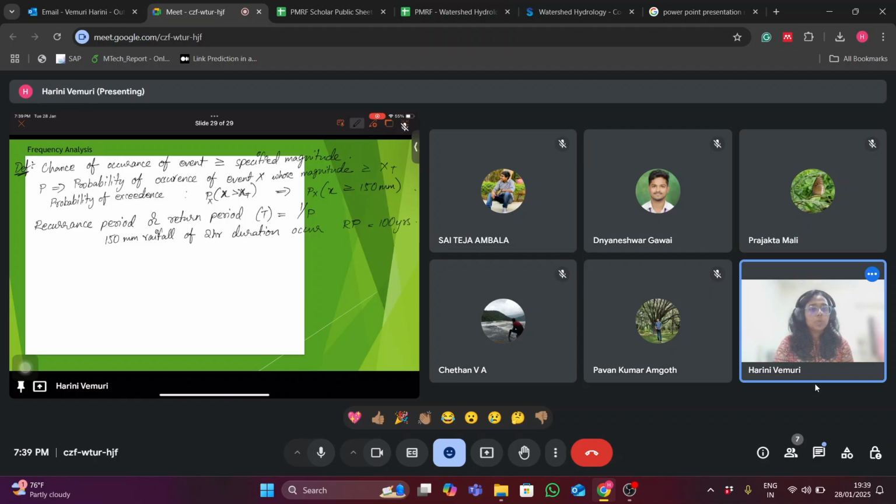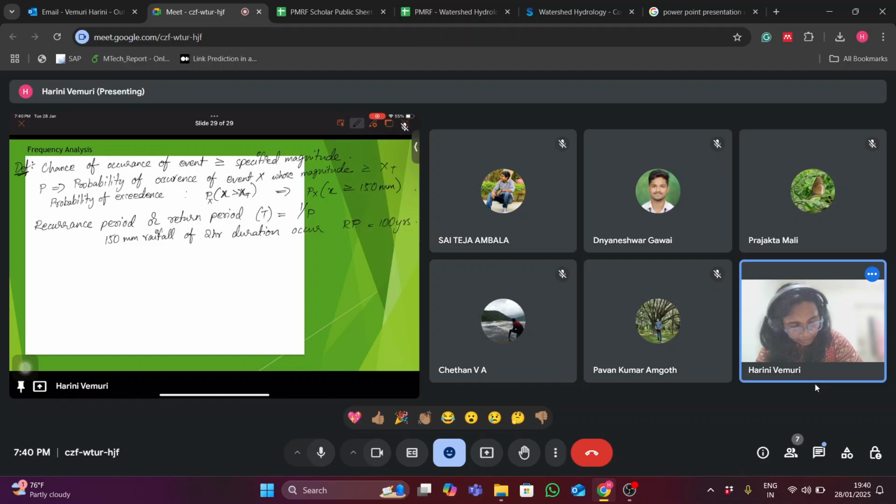Then we can say that there is a chance that once in 100 years we will experience a rainfall event of magnitude 150 mm. Or we can also say that the time interval between the first 150 mm and the second 150 mm of rainfall will most likely be 100 years.